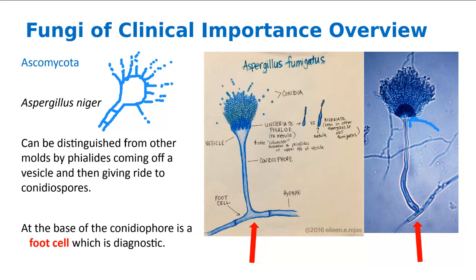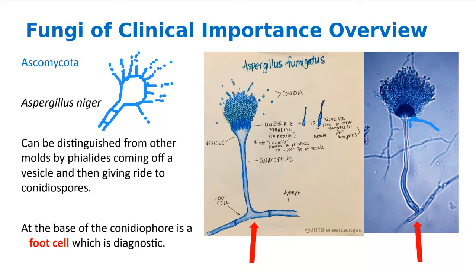So with my red arrows, can you see the foot cells for both of these representations? Can everybody see that? Okay. So if you see foot cells, then it's going to be Aspergillus, at least for us right now. In real life, with all the organisms in the entire world, there are other organisms that have a foot cell, but for the ones that we're studying, Aspergillus is the only one that's going to have a foot cell.